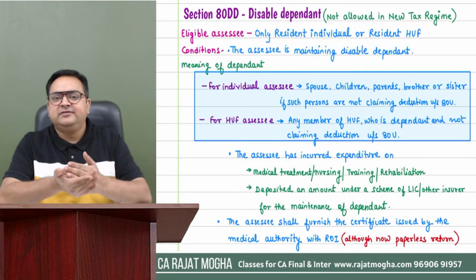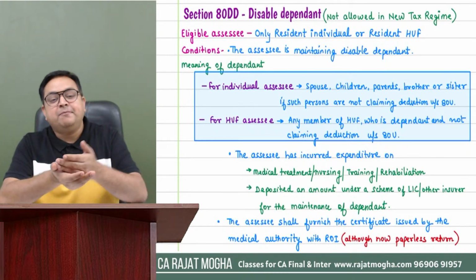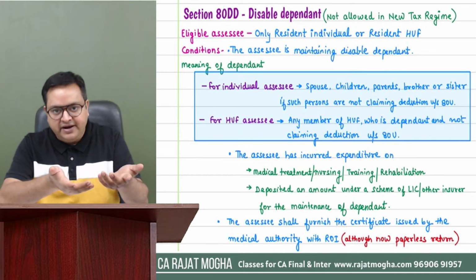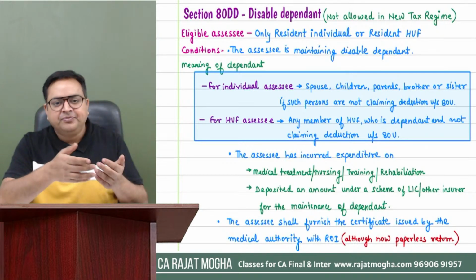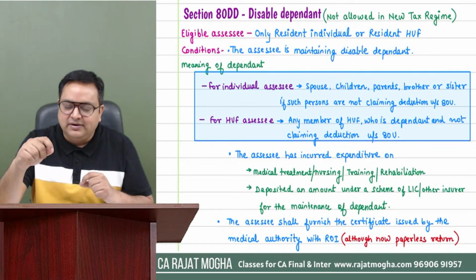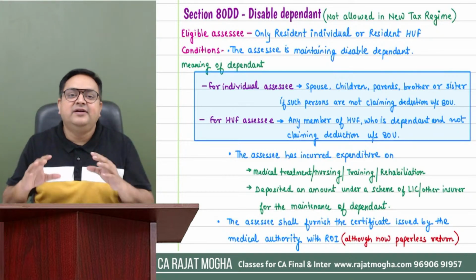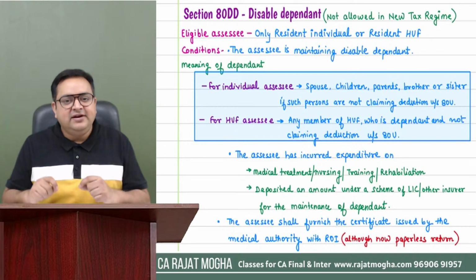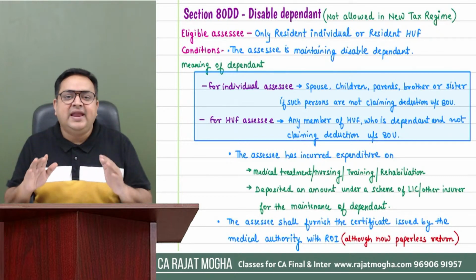Let's say one of the disabilities could be blindness. If it is complete blindness, it is 100%, right? If it is partial blindness, it could be 60%, 70%, 80%. If it is 80% or more disability, then we call it a severe disability. In case of severe disability, we get a flat deduction of 1,25,000.